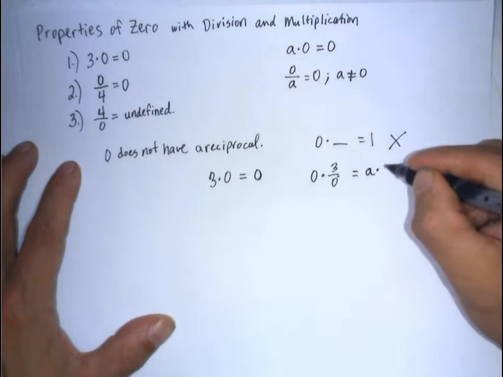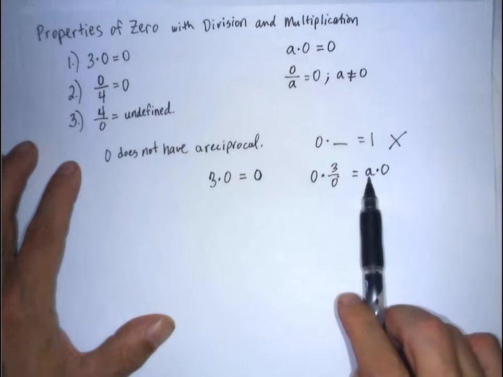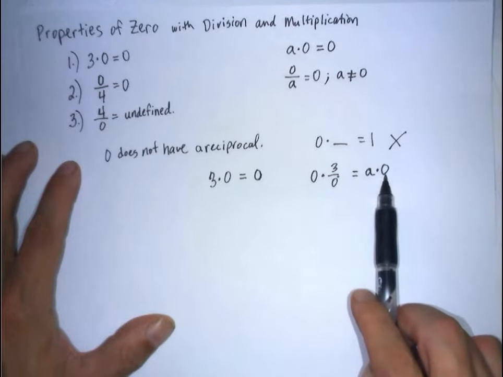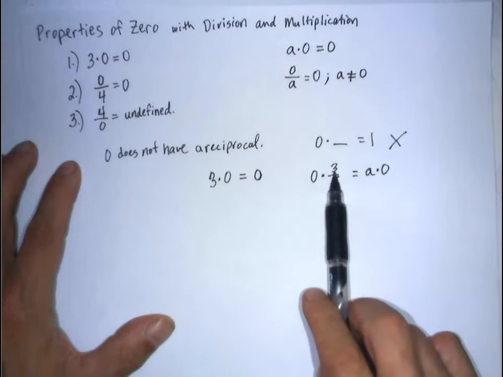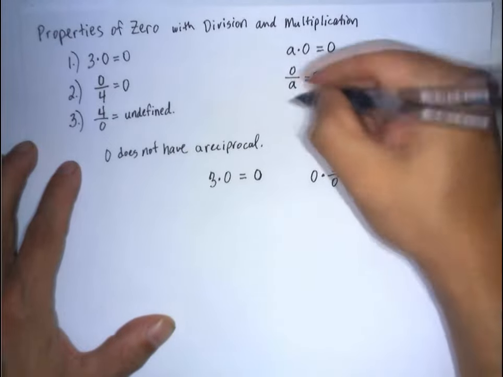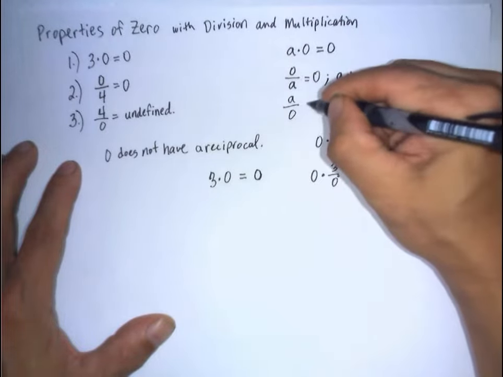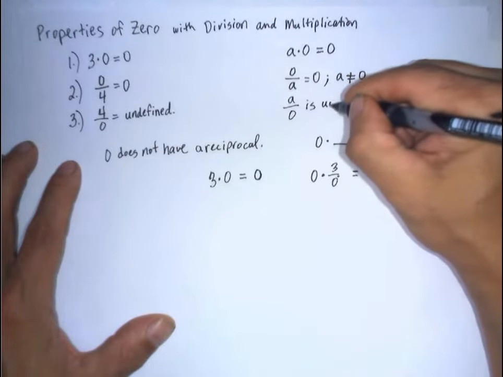We can multiply by 0. But if we do this, this is saying that there's a number that multiplies by 0 that is equal to 3. And that's a no-no. We can't do that. So we say any number divided by 0 is undefined.